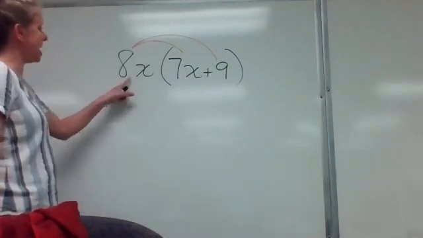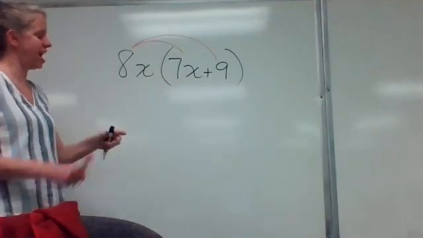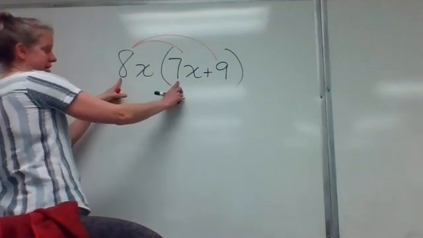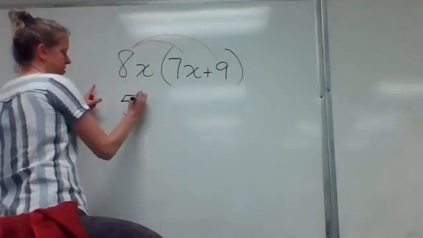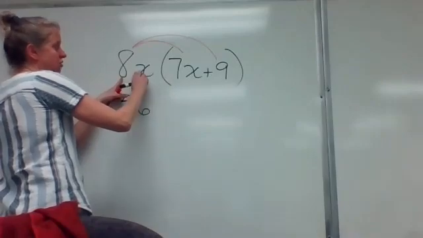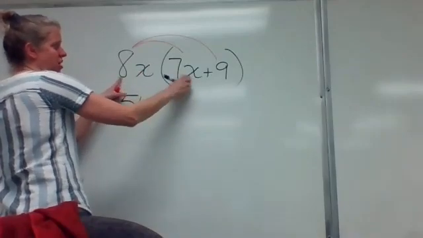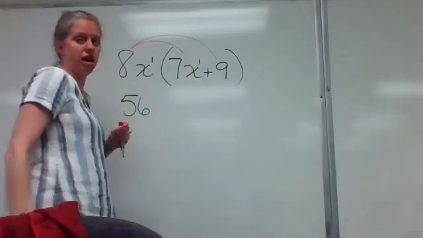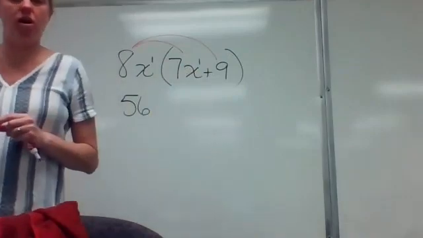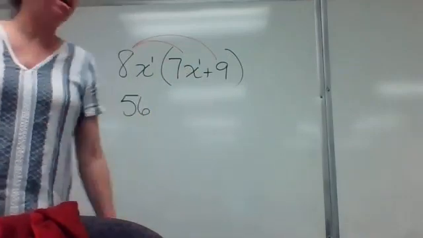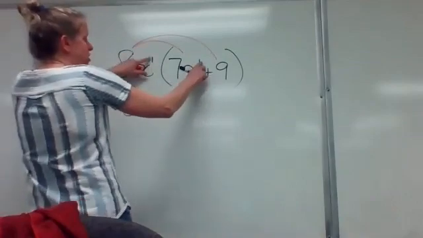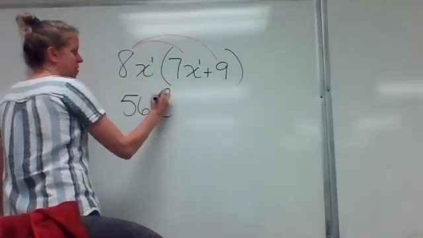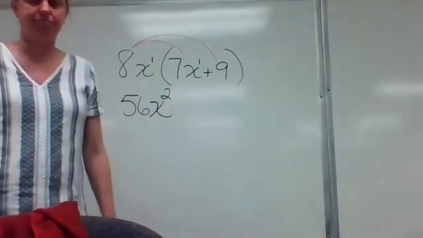So I've got 8x times 7x. So 8 times 7 gives me 56. So I've got x times x here. Those exponents are 1s, right? If you don't see them, they're 1s. Which means if I'm multiplying x to the 1st times x to the 1st, it's going to give me x to the 2nd.